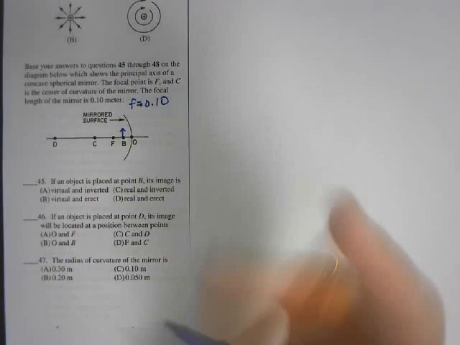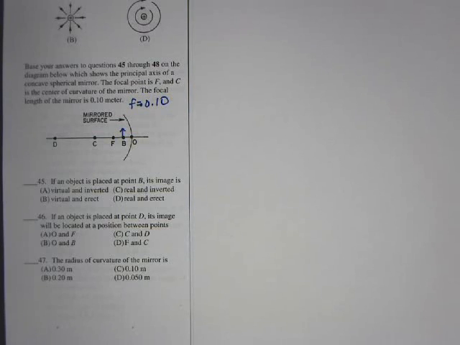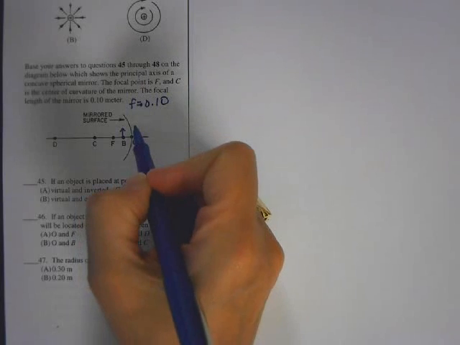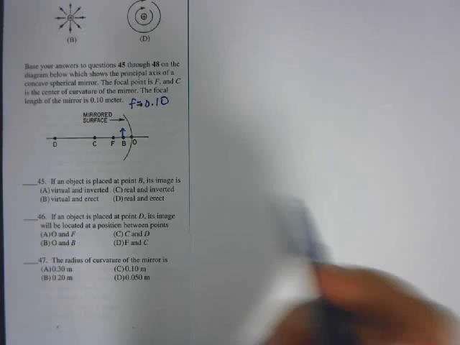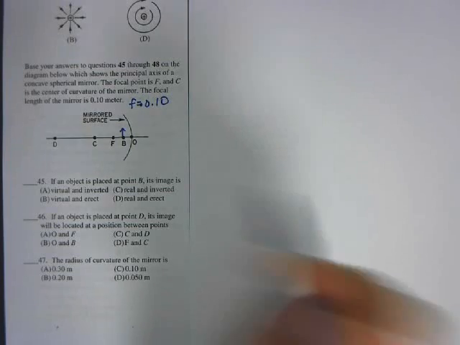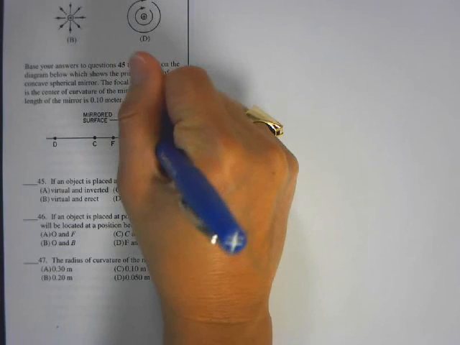Now for the different types, I think we had some type of a chart where instead of calculating it, again, if you want, you could do the ray diagram. Does everyone remember how to do the ray diagram? We go parallel and then through F, and then we go through F and parallel. So there's more than one way to do this. So you could either do the ray diagram.